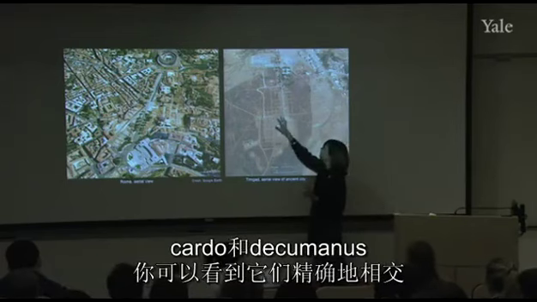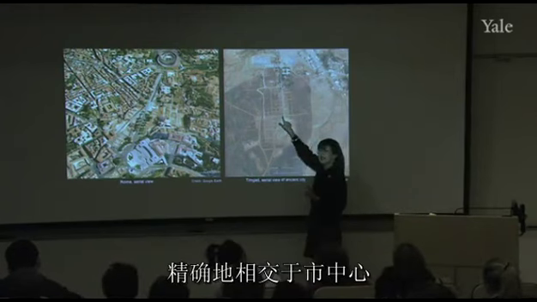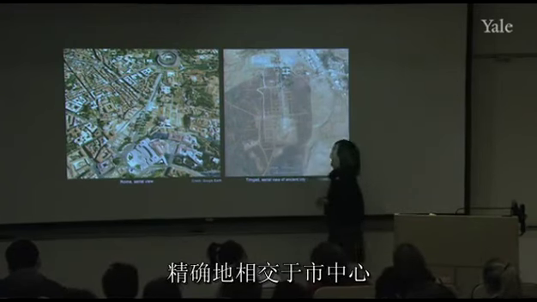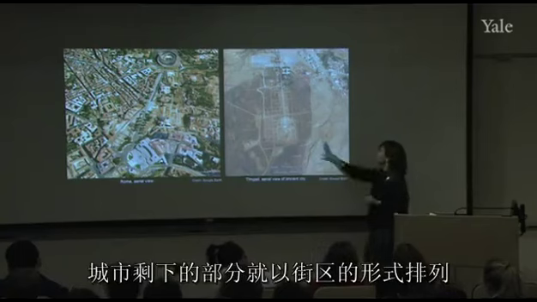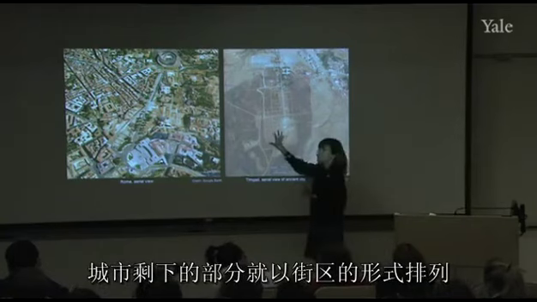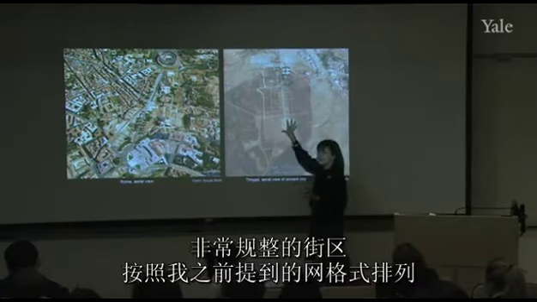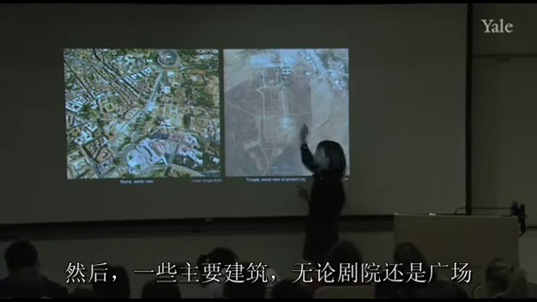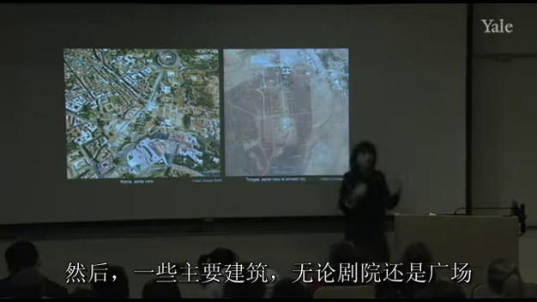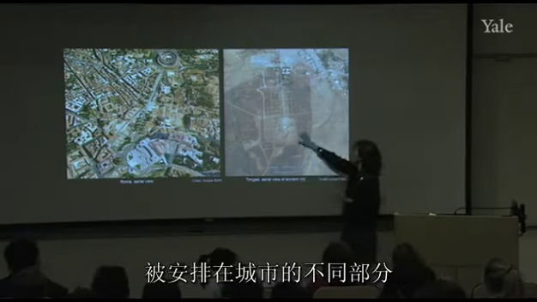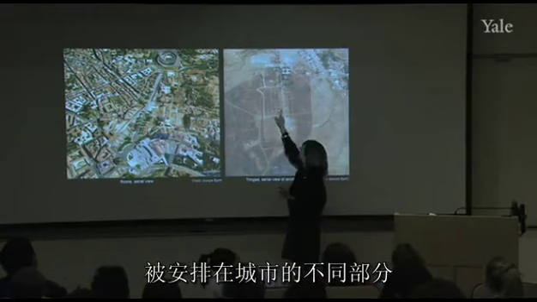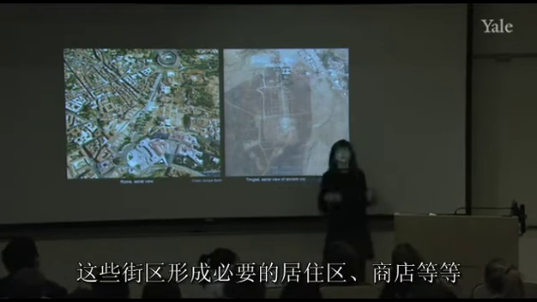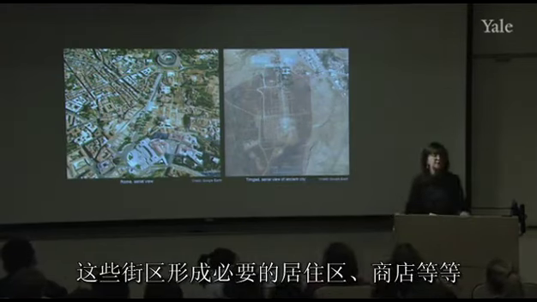The Cardo and the Decumanus, and you can see that they intersect exactly at the center of the city. And then the rest of the city is arranged in blocks, very regular blocks, this grid plan that I mentioned before, and then some of the major monuments, whether it's the theater or the forum, are arranged in different parts of the city, and then these blocks constitute essentially the housing and the shops and so on and so forth.